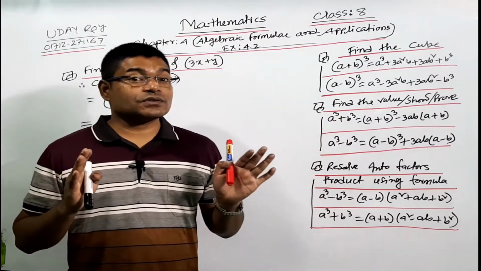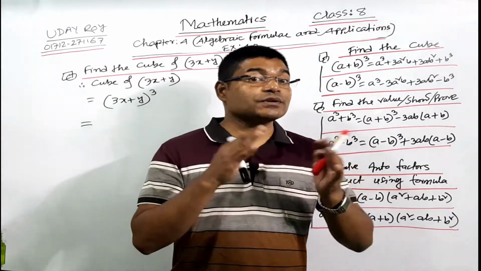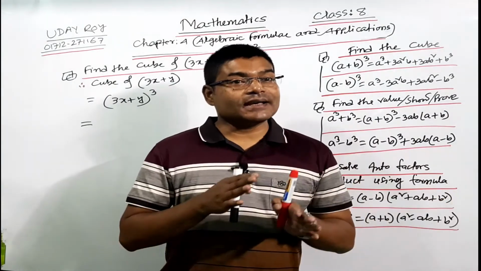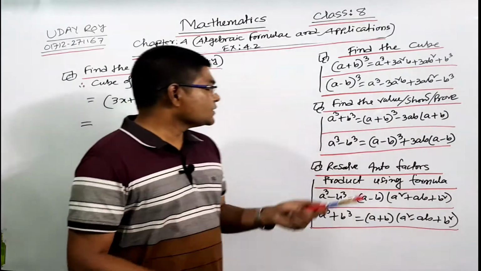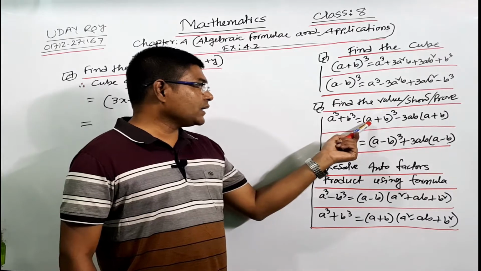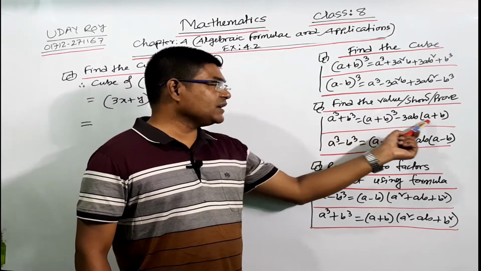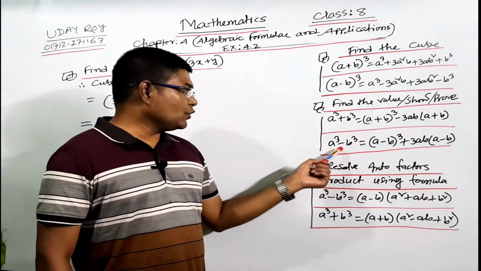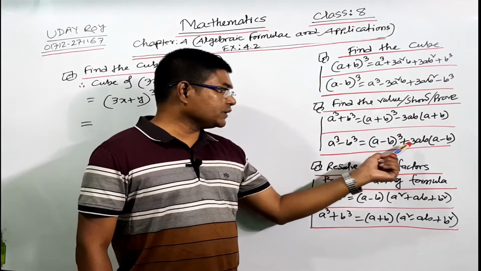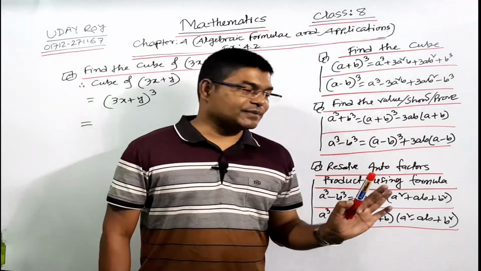The find out for show that and prove that using square is different, and here is cube, these are different. So a cube plus b cube equal to (a plus b) whole cube minus 3ab into (a plus b), and a cube minus b cube equal to (a minus b) whole cube plus 3ab into (a minus b).